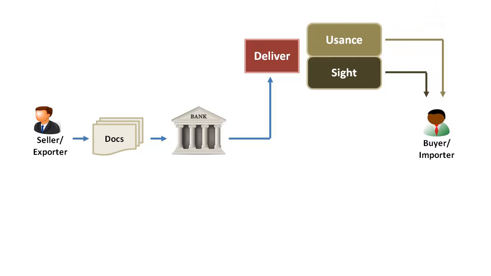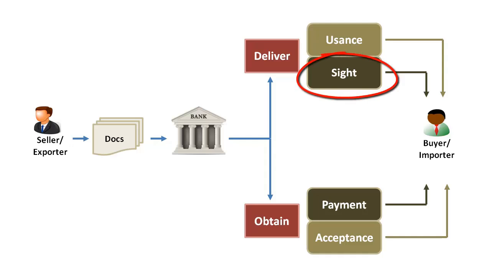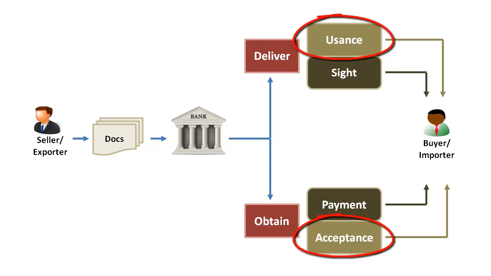The second way of handling the documents by bank is to obtain payment from the buyer for sight documents, and to obtain acceptance from the buyer for usance documents. Under sight documents, the bank must deliver and obtain payment from the buyer. And under usance documents, the bank must deliver the documents and obtain the buyer's acceptance, not the payment.